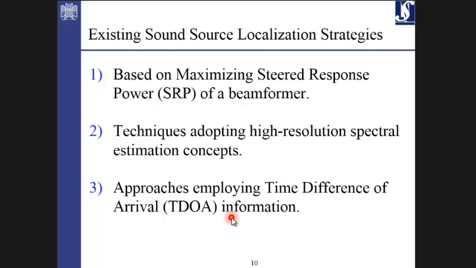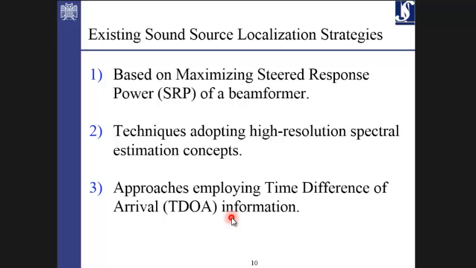So the first problem is sound source localization, and sometimes if it's a single source they call it SSL, and if it's multiple sources it's abbreviated by MSL, multiple source localization. So these are the things that you may encounter in the literature. There are methods to localize the sources.